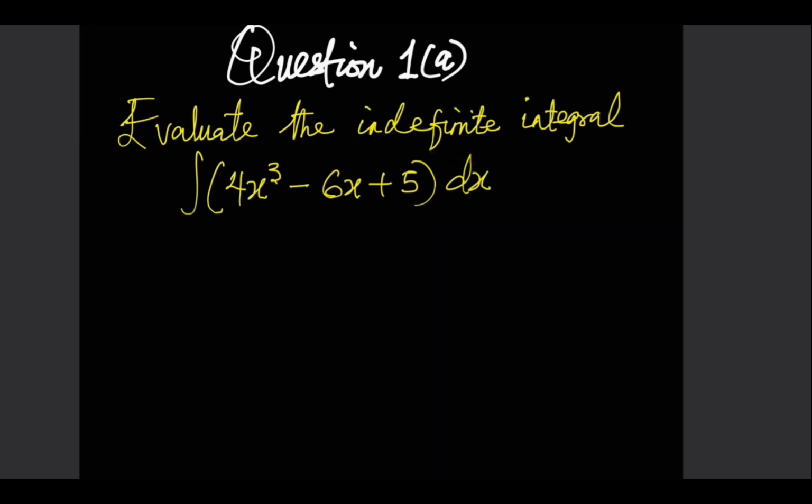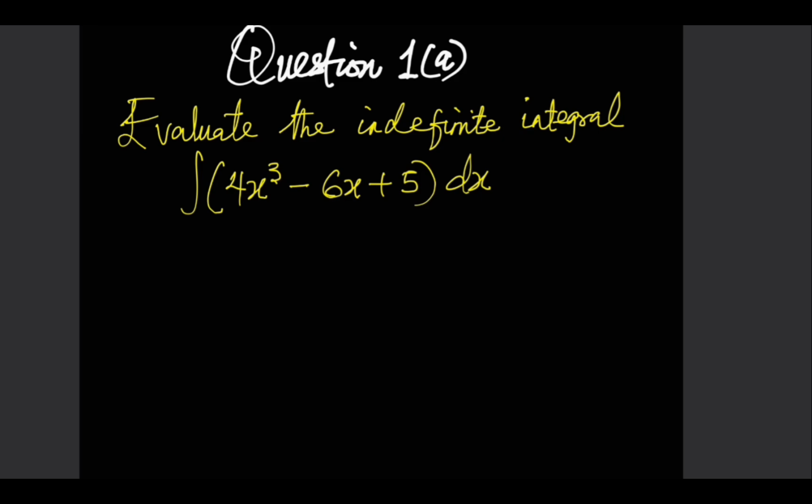Now before we start solving, notice that this is an indefinite integral. It is written here, indefinite integral, because there are no upper and lower limits. When I say upper and lower limits, let me show you with a simple example.